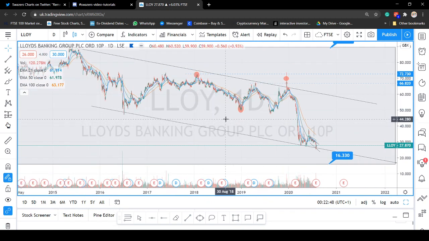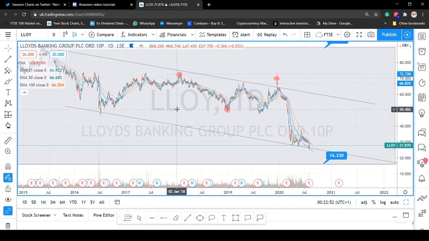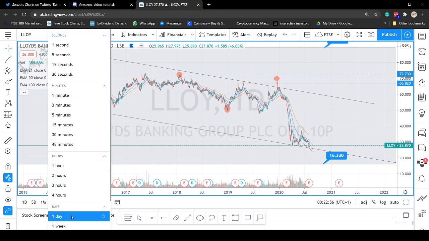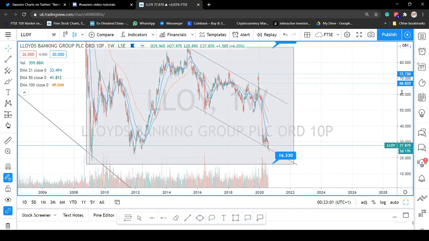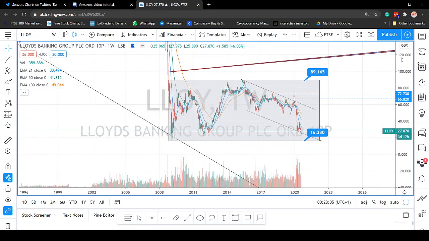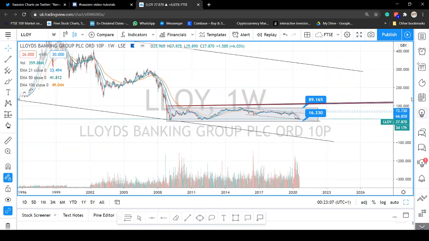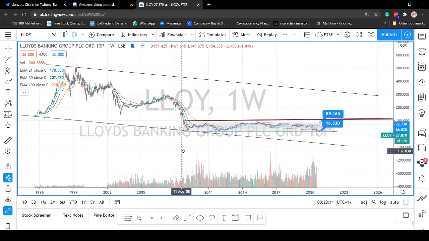So then what we can do as well, we can take this out even further, guys. All right, now we can go to the super macro view of Lloyd's. So this is the weekly chart. Now I don't usually use the weekly chart, but every now and again it's a really, really good idea to do so because you can see the super macro view.